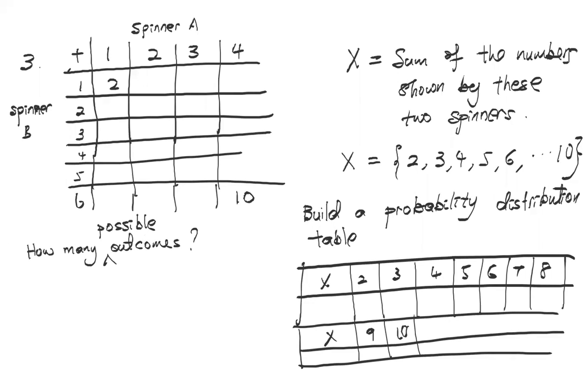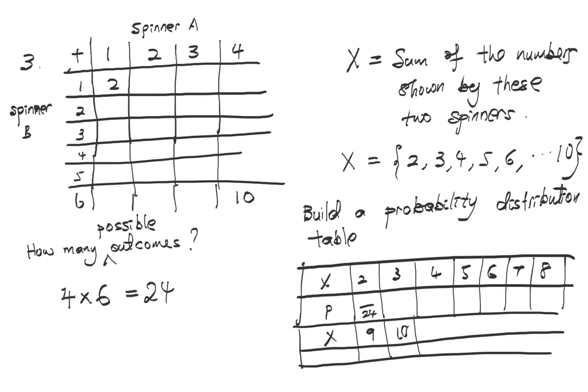The first spinner, I have 4 possible outcomes. And the second spinner, I got 6 possible outcomes. So in total, I have 4 times 6, 24 possible outcomes. Do you know how I get the possible outcomes? So every one, the probability will be over 24.